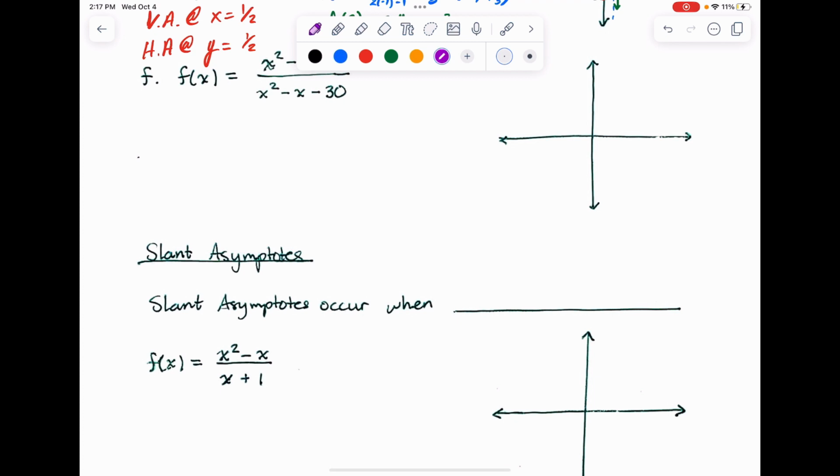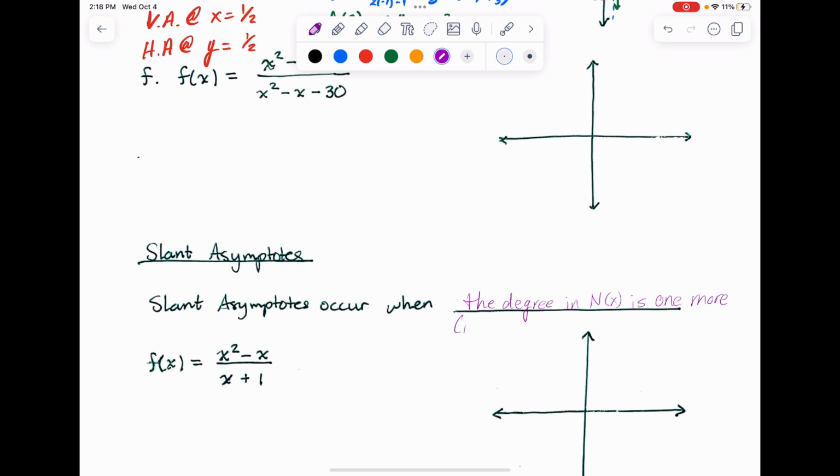They occur when the degree in, let's call it the n of x, your numerator, the function in the numerator, is 1 more.